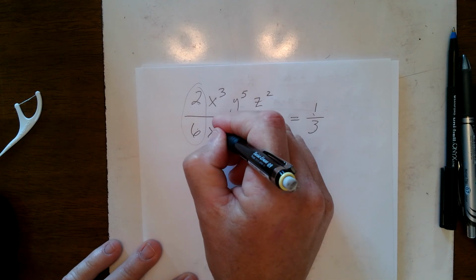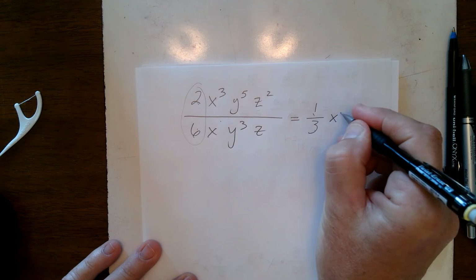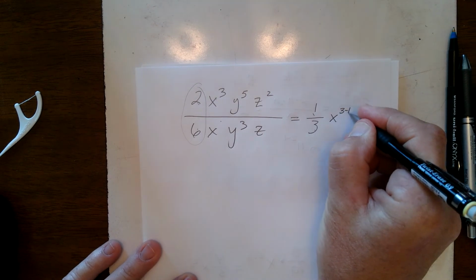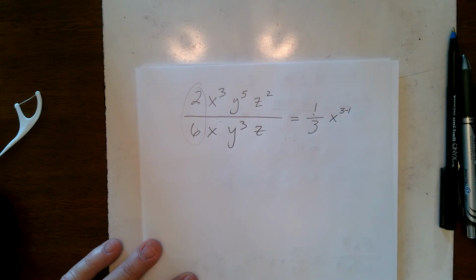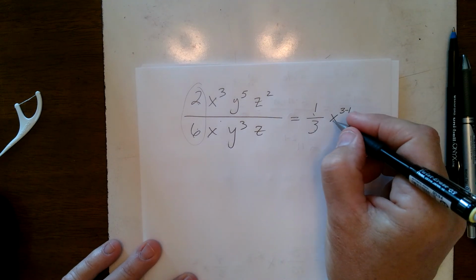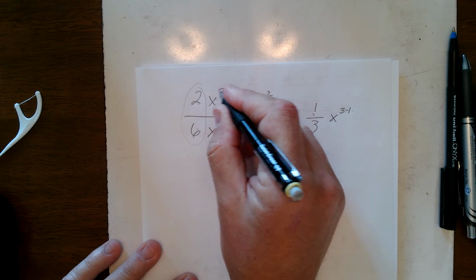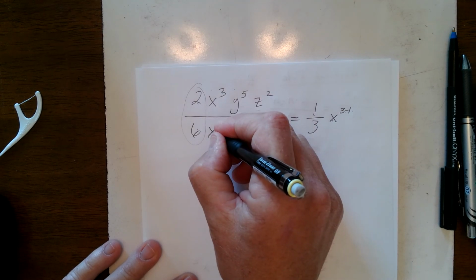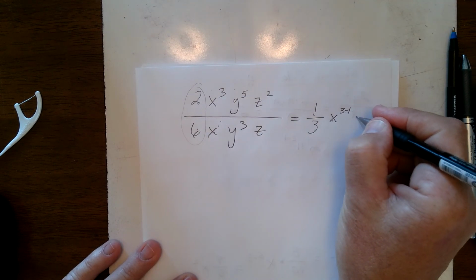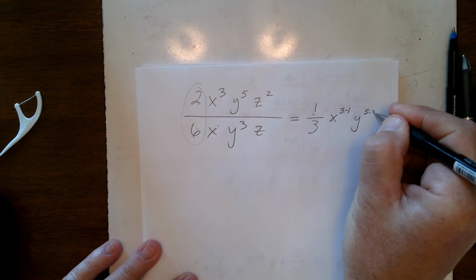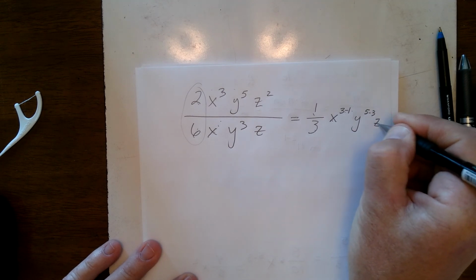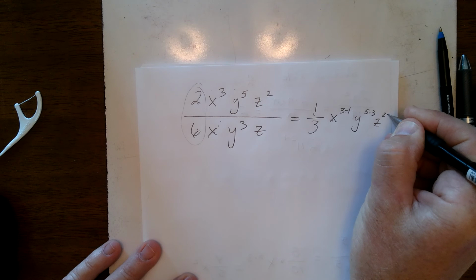Now I'm just going to write these using my quotient rule: x to the 3 minus 1, 3x is here, one on the bottom, separate them out. y to the 5 minus 3, z to the 2 minus 1.